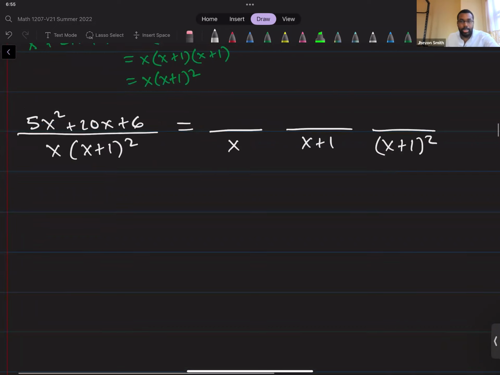Okay, so that's half the problem done. Now let's get to her question of what the numerators look like. What's on top of the x?